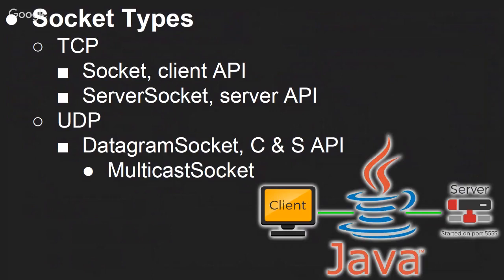The UDP type of socket is a connectionless protocol. When you send data or a message, you don't know if it will get there. It could get lost on the way. There may be corruption while transferring a message. About order, on TCP, if you send two messages along a connection, one after the other, you know the first message will arrive first.